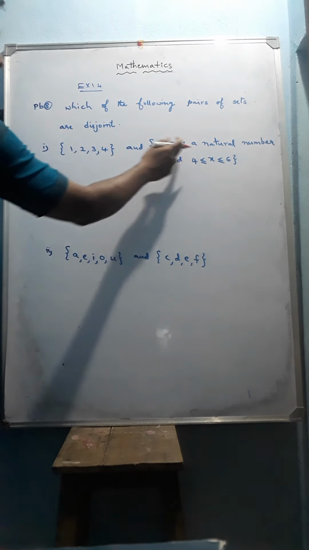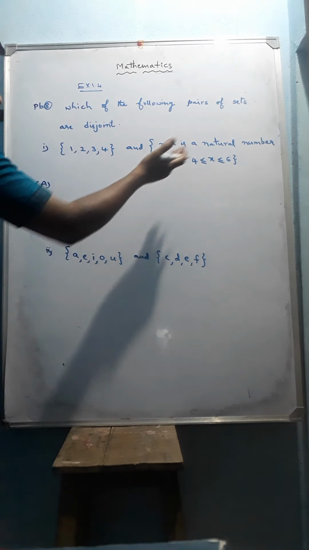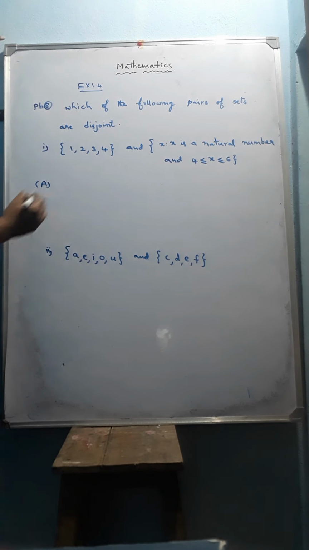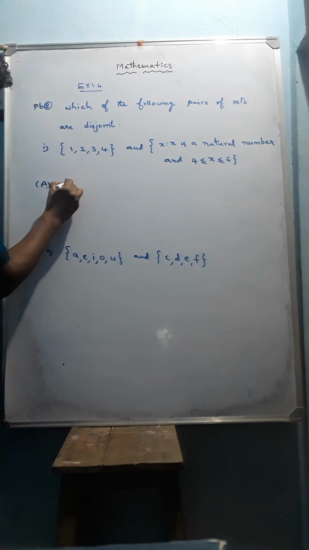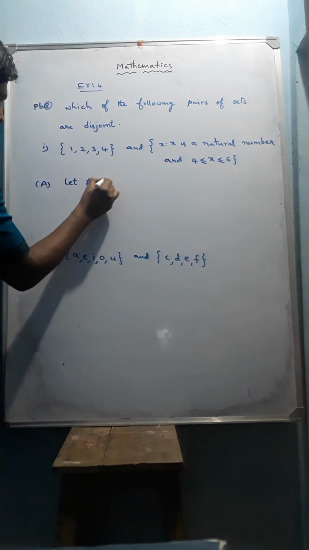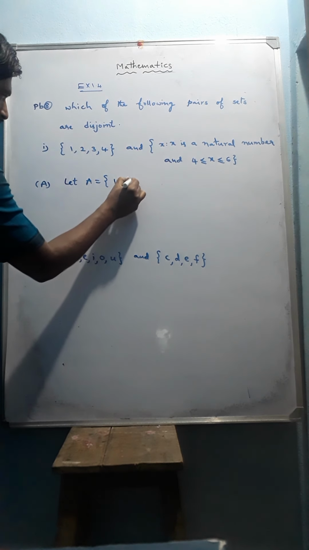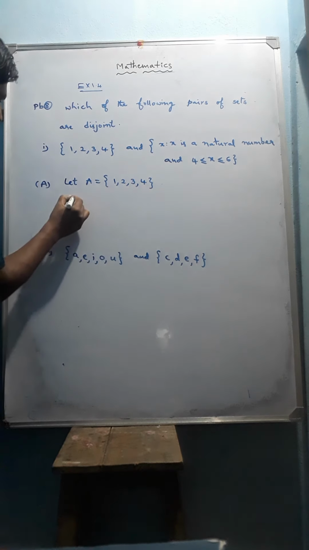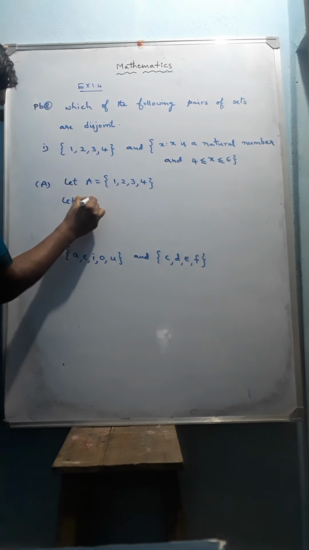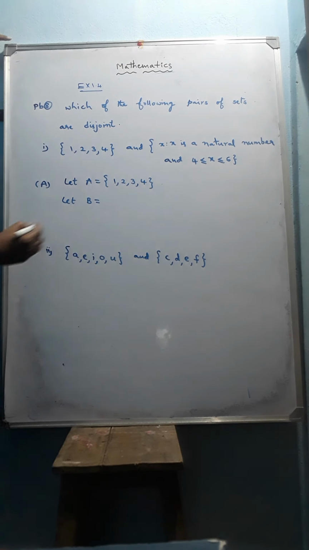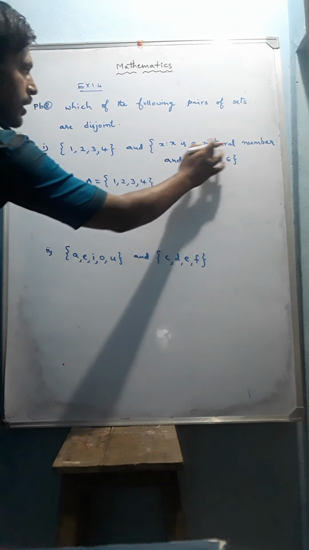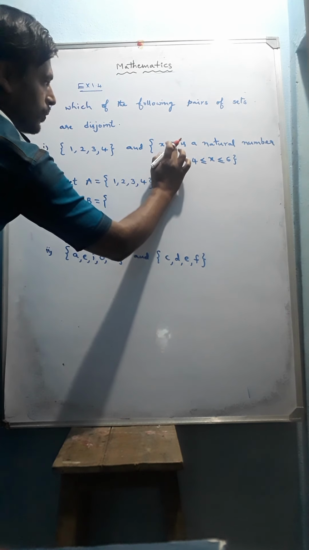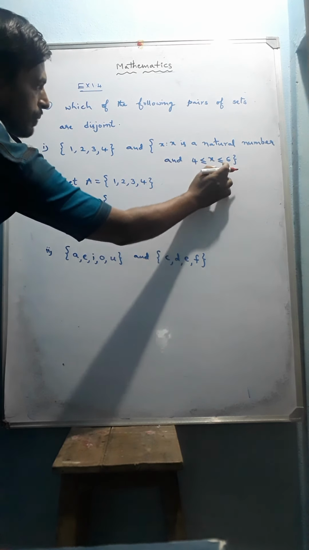If any common element is there, then these two sets are not disjoint sets. So what is the first set? First set you can assume let A is equal to set of 1, 2, 3, 4. Next, second set you have to assume B set. So set of natural numbers and that x value lies between 4 to 6.